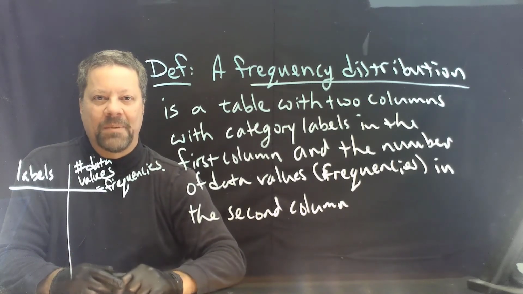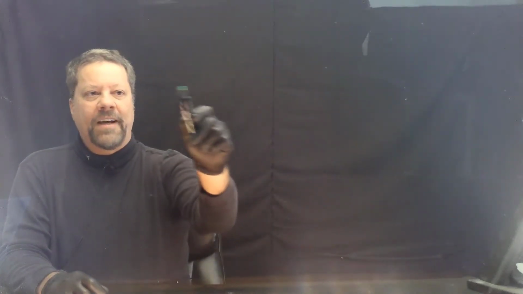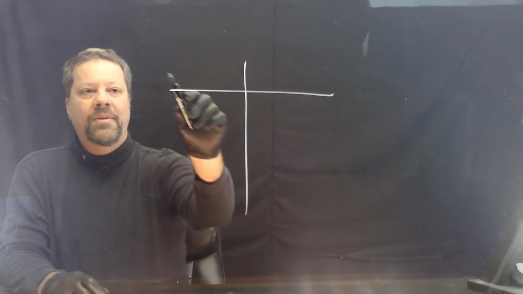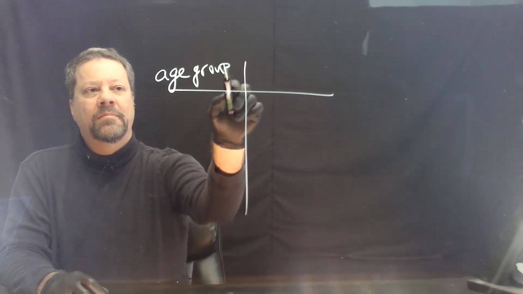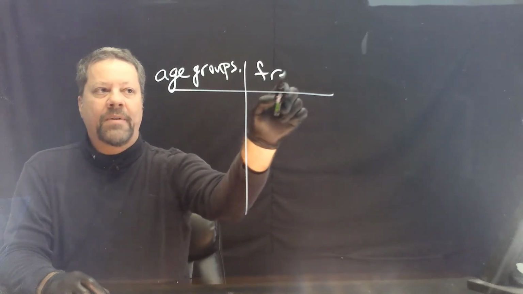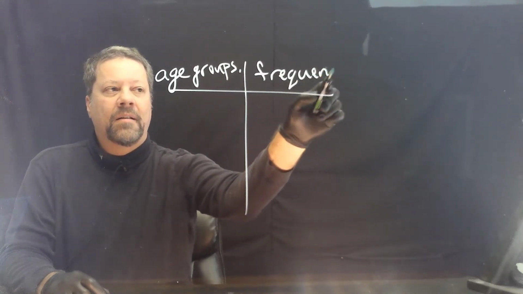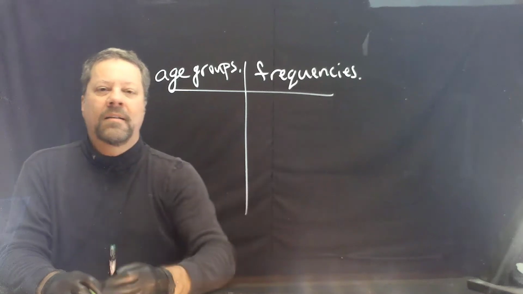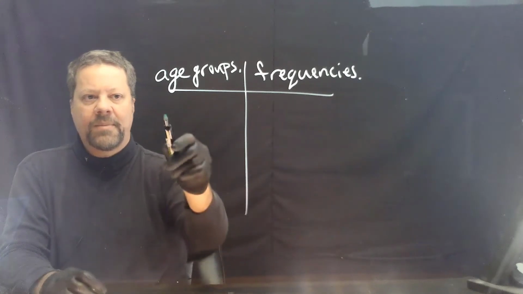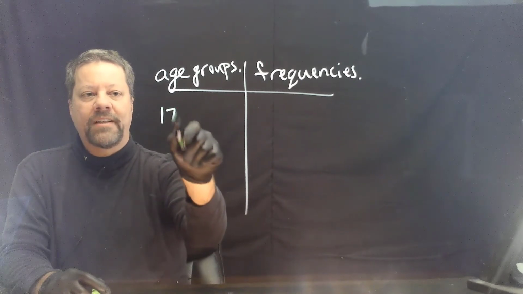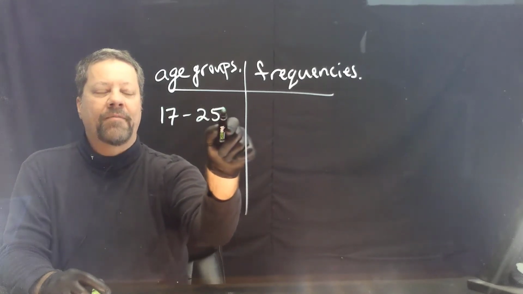So let's give an example. Suppose we divide a group of people into age groups, and we'll have our frequencies. In this particular group of individuals, let's suppose there's the age group from 17 to 25.